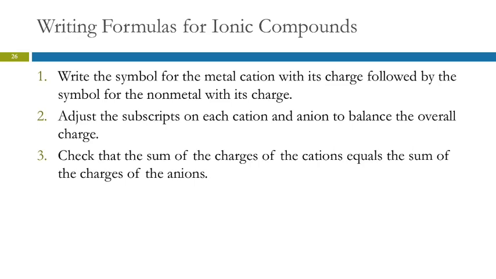We look at the charges to see how many of each ion we need, how many cations, how many anions, because in a compound there is no overall charge, it's neutral. So the total positive and negative charges have to add up to 0. Sometimes that's really simple and sometimes it's not quite so simple. We put subscripts on the cation and the anion as needed to represent the correct ratio of ions, and then it's always a good idea to check your work at the end.